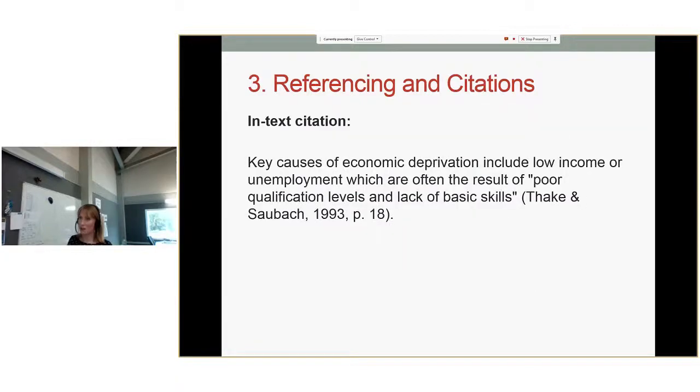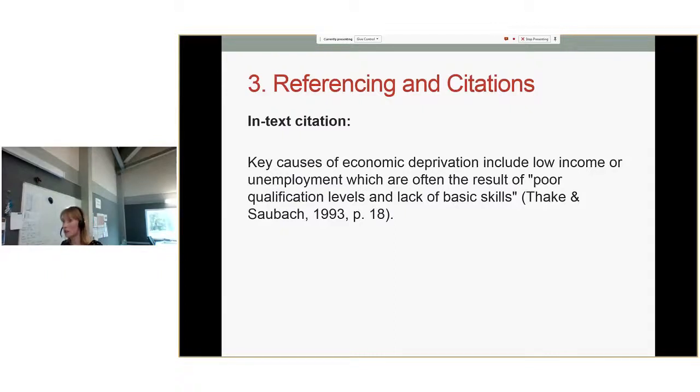Okay. So this is what an in-text citation looks like. This could be an example from an essay. Key causes of economic deprivation include low income or unemployment, which are often the result of, open quotation, poor qualification levels and lack of basic skills, close quote.